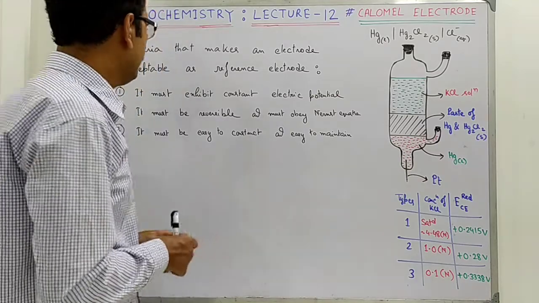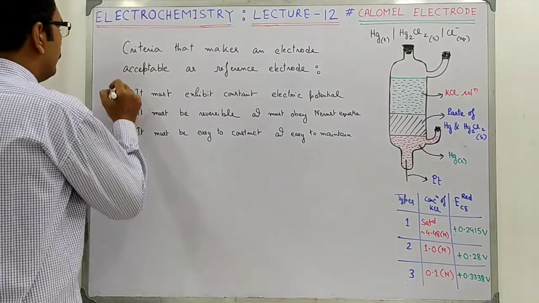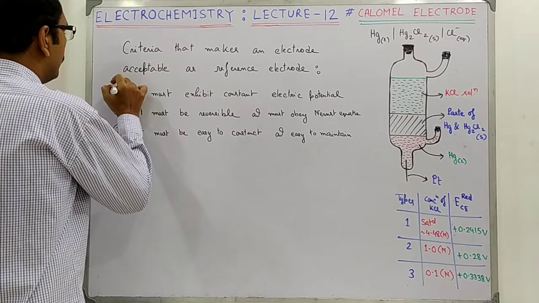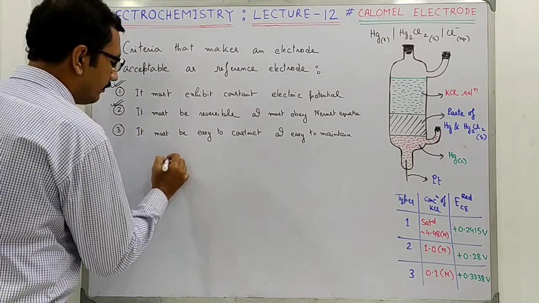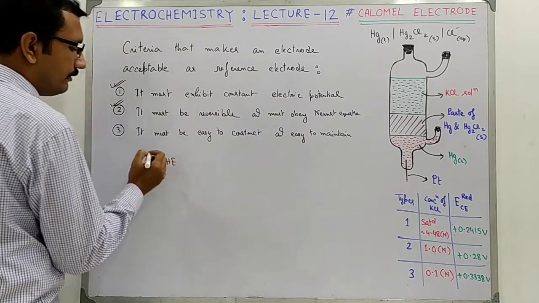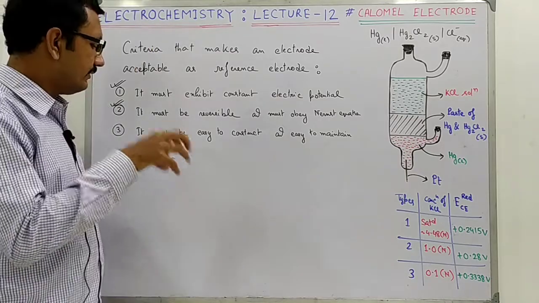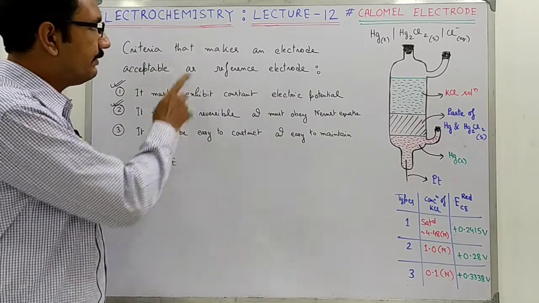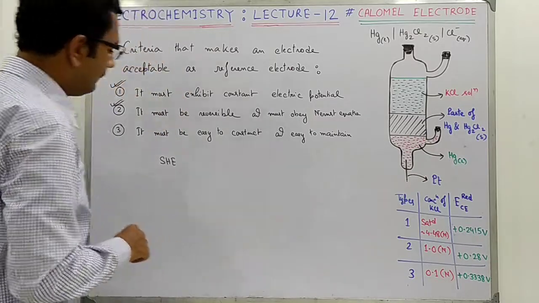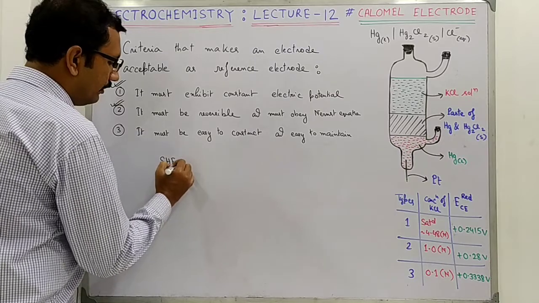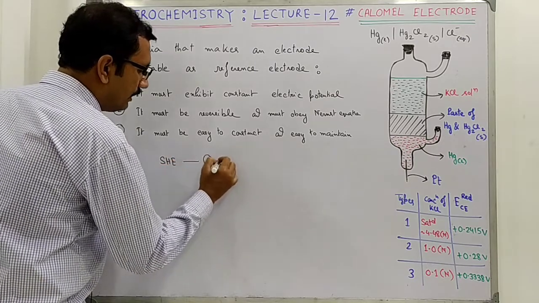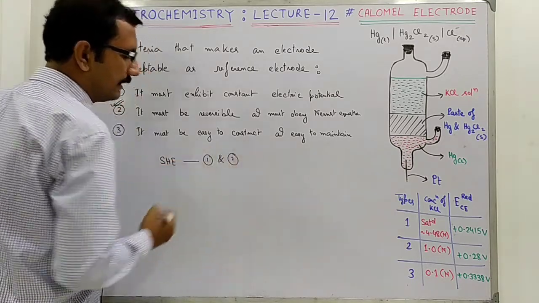Now, SHE exhibits these two factors efficiently. So, SHE, that is the standard hydrogen electrode, which was the central topic in the previous lecture, lecture 11, obeys 1 and 2 strictly.